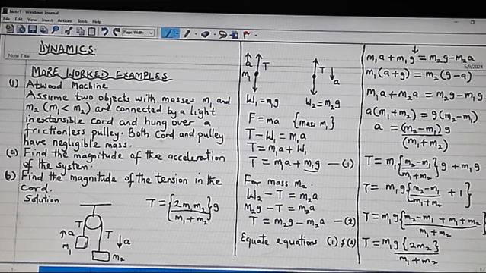See how simple this problem is. Let's consider a second example where we are going to apply the knowledge we have gotten from this first example to solve problems involving Atwood machine.